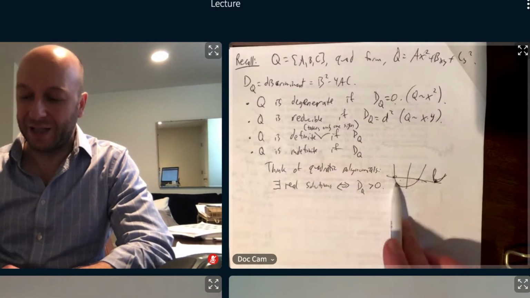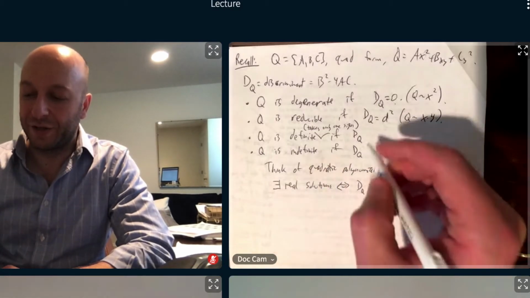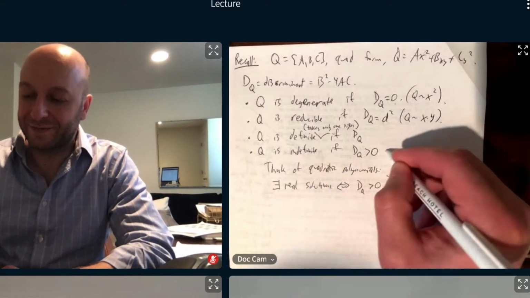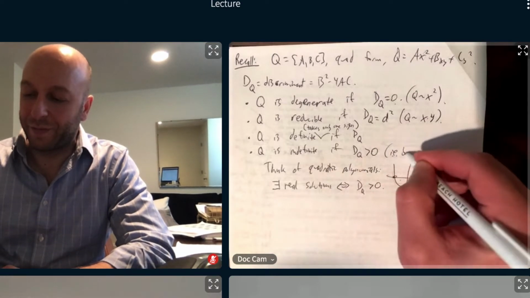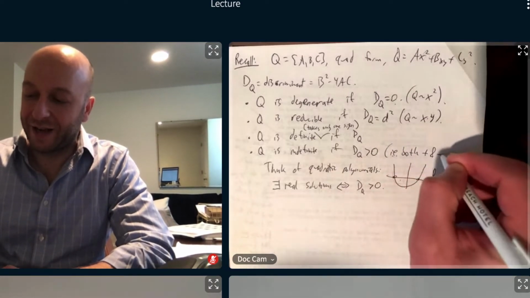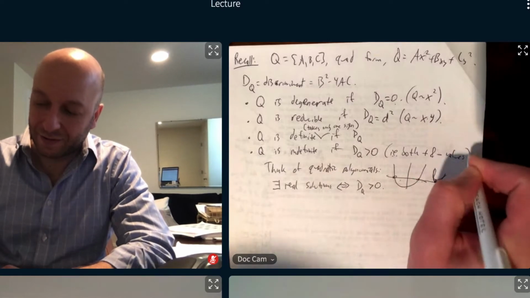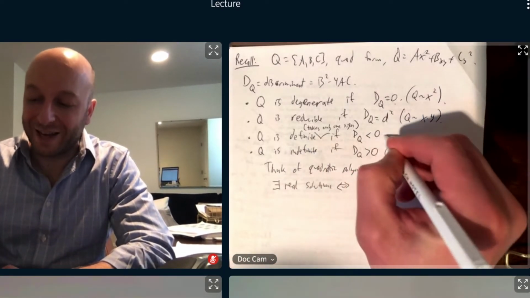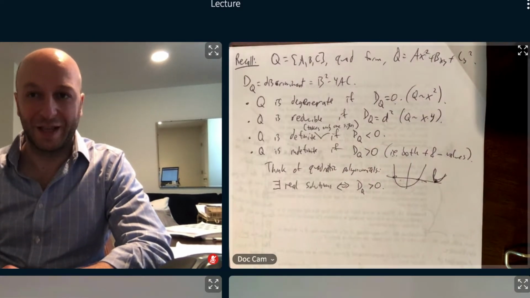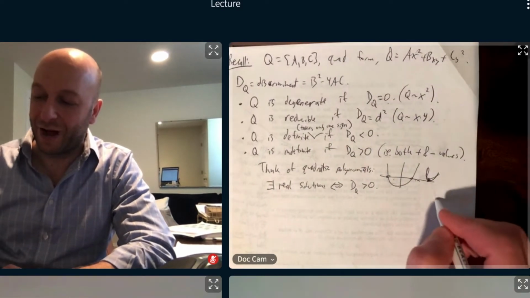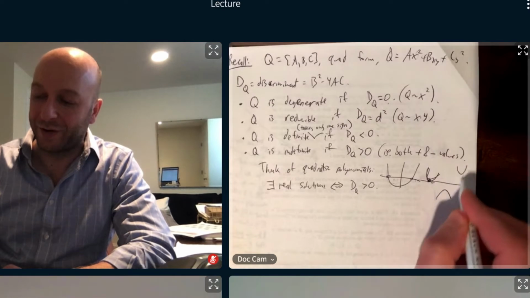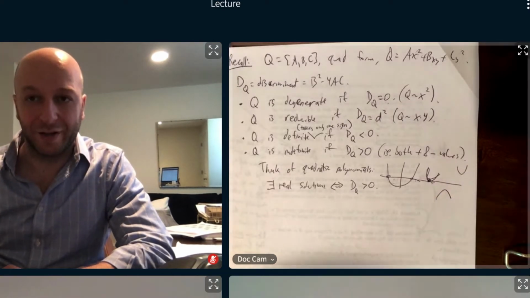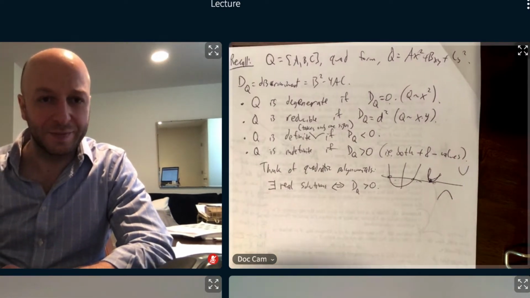Indefinite means it's both positive and negative. Definite is when the discriminant is negative. Definite is when you're either way above or way below the real line. Does that make sense? Is everybody following?